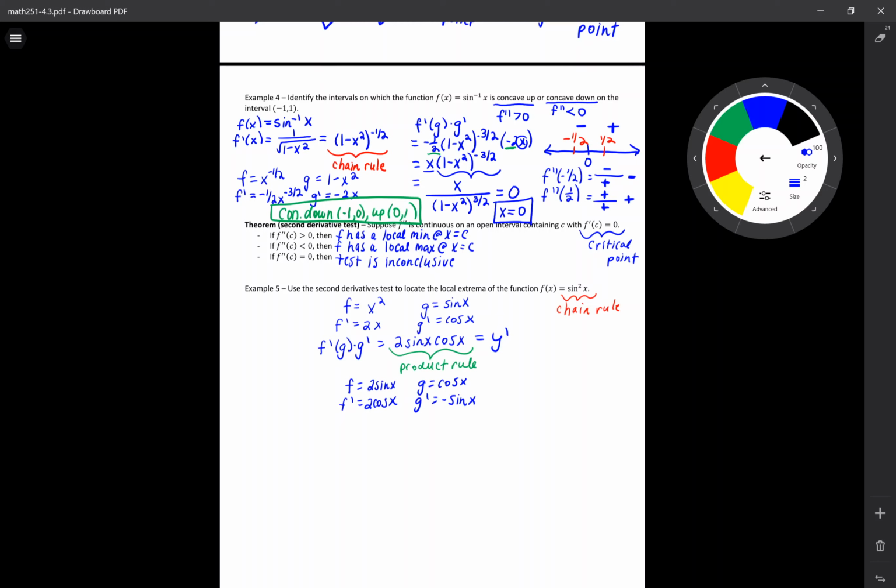So I get y double prime is what I have now, is the first, 2 sine of x, times the derivative of the second, negative sine of x, plus the second, cosine x, times the derivative of the first. Oops, 2 cosine x.